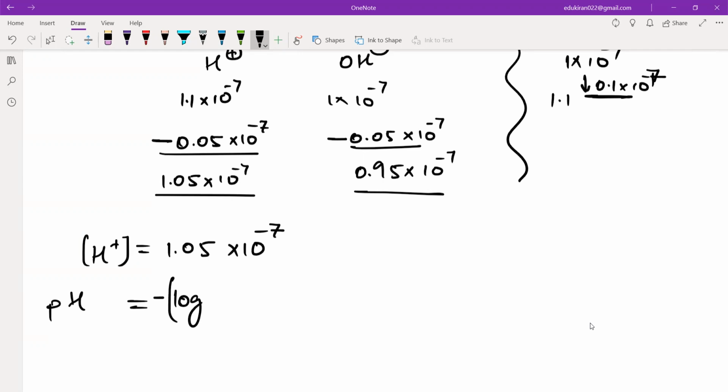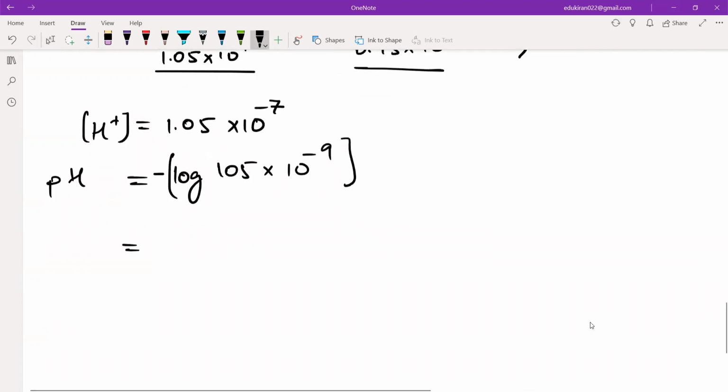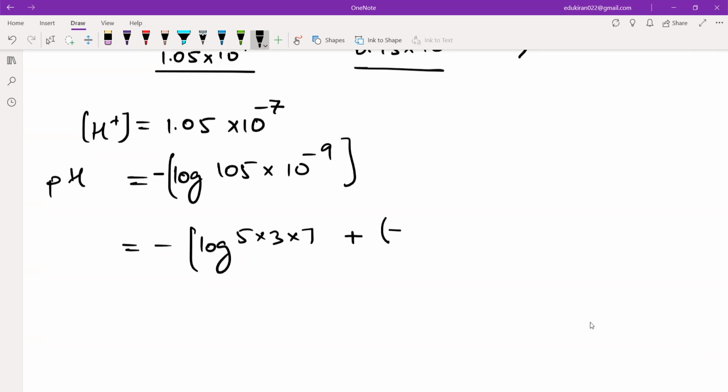Minus log of 105 into 10 to the power minus 9, because we only need the whole number. This will be equal to minus log of 105. 105 we can write as 5 into 3 into 7, plus log of 10 to the power minus 9, which is minus 9 into log 10. Log 10 is equal to 1.